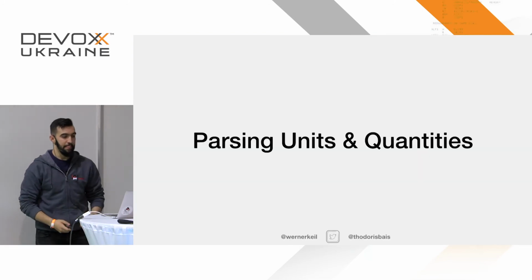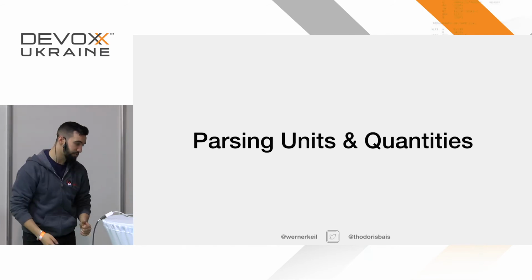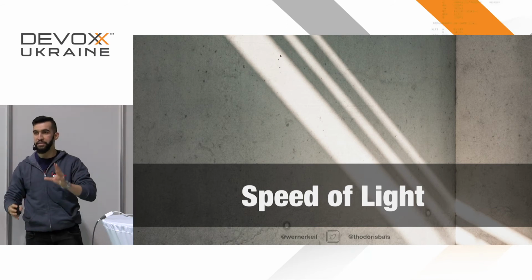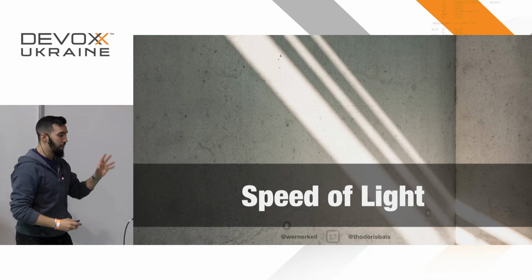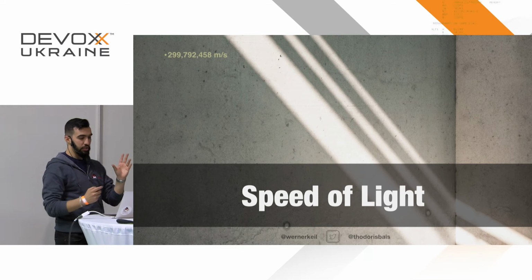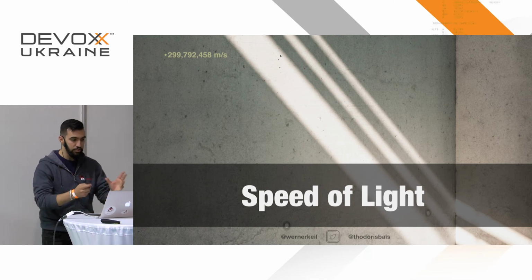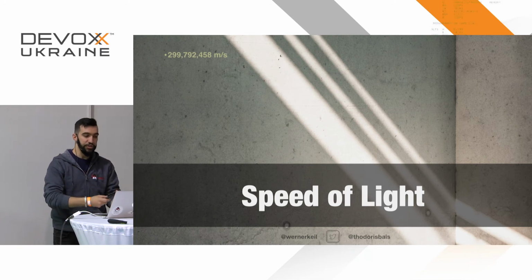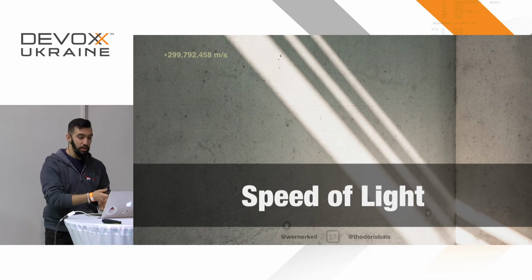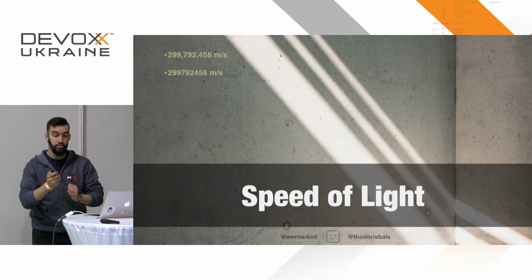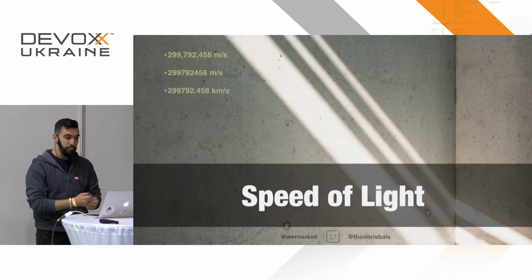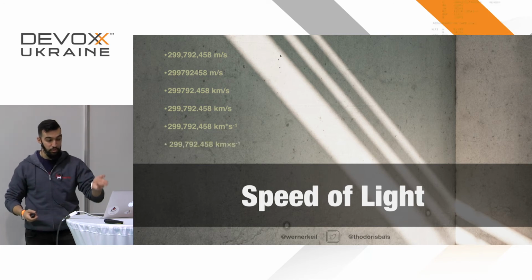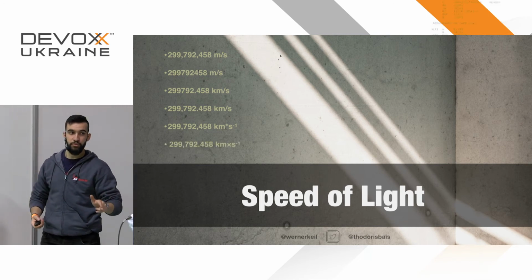So, parsing units and quantities. Let's talk a bit about that as well. There are many different symbols and many different ways to express and parse units and quantities. As you can see, we do have the example of the speed of light, where you can just use the slash or thousand separator without thousand separator, decimal point, star, and one more example with the times symbol.